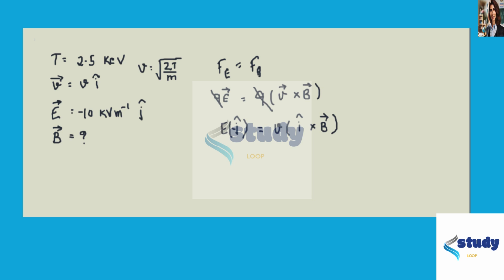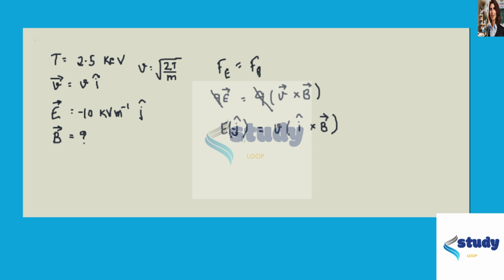So if I want minus j in the right hand side, what should be the direction of B? So i cross what is equal to minus j? So that is the question.